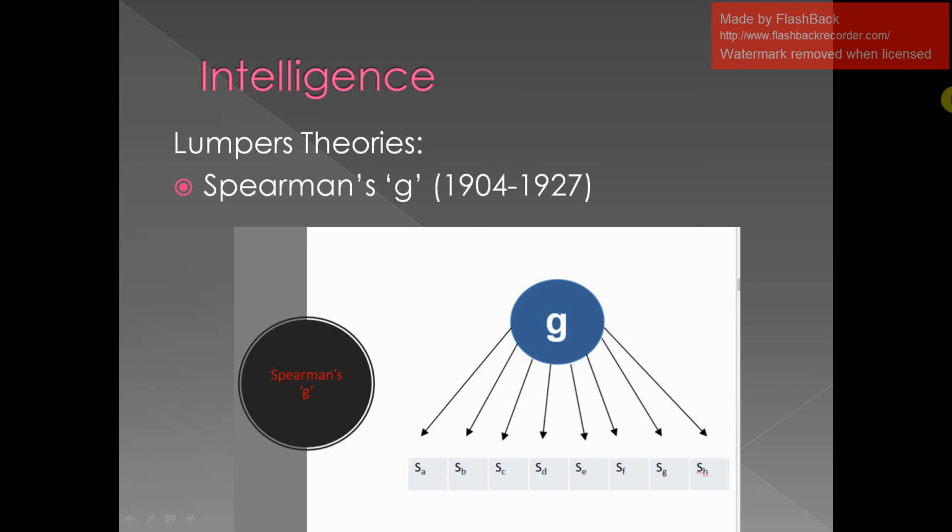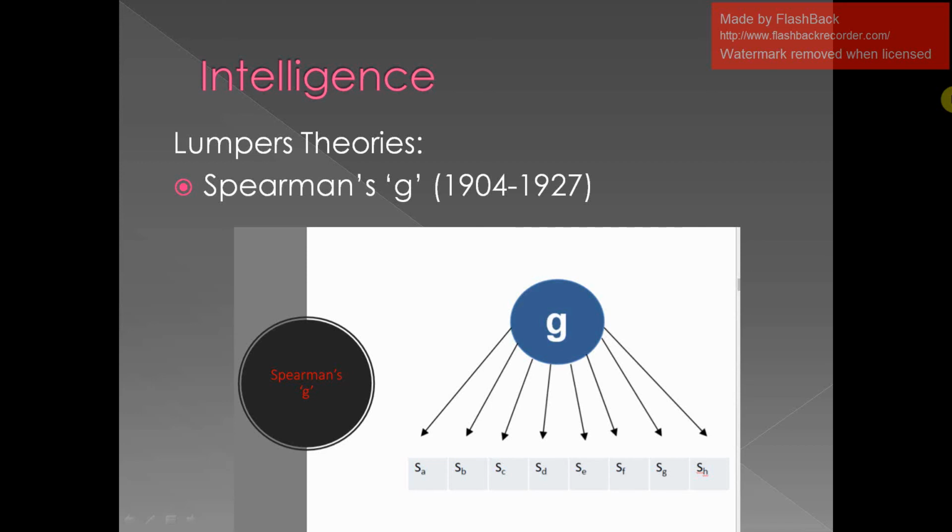Spearman's g is an example of a lumpers theory, and he developed a range of statistical tests using correlation and factor analysis to look at the relationship between different types of ability tests. So these are general abilities.